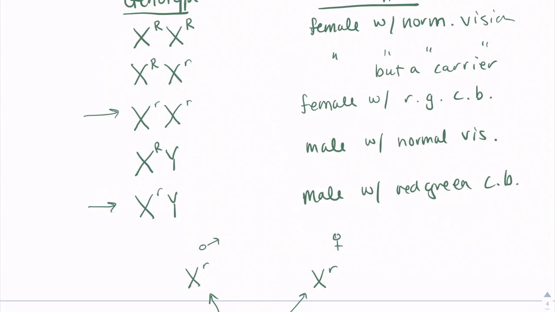Okay, and our males XX or XY? They're XY. And you cannot write an R on that Y. There is no R there. So for females with red-green color blindness, we know that their father, their birth father, had to have had the disorder.